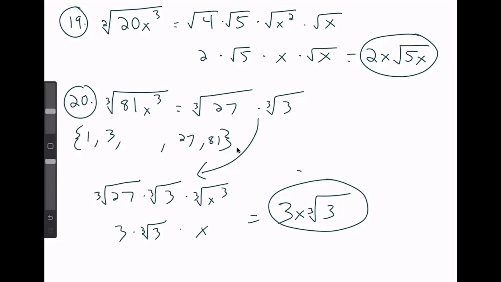Also, something important, like I said, if you find the cube root of a number that's also raised to the third power, that just cancels each other out, right? Same way up here at the very top. If I have the square root of a number squared, that just cancels each other out and leaves you with x. All right. And that's what I get.